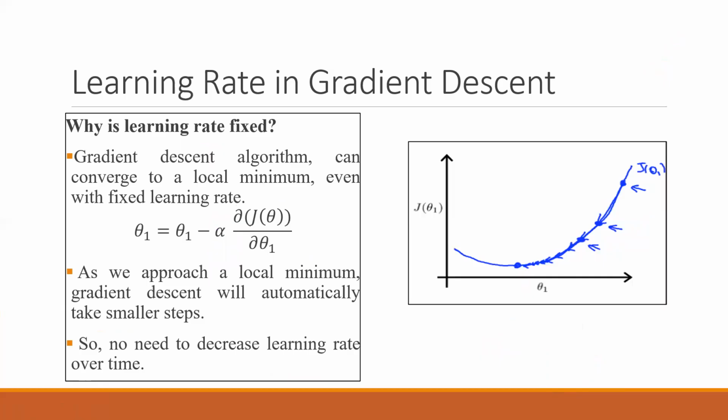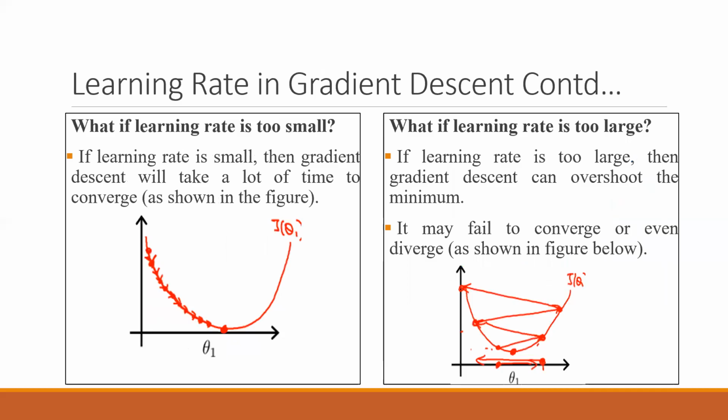So this is what I wanted to talk about in terms of learning rate. Even if we want to make it fixed, the step size is being affected accordingly. Now, what if the learning rate is too small or too large?